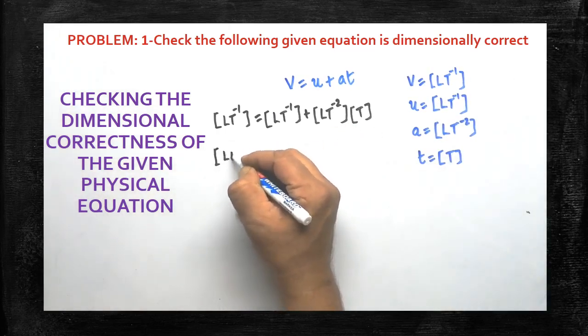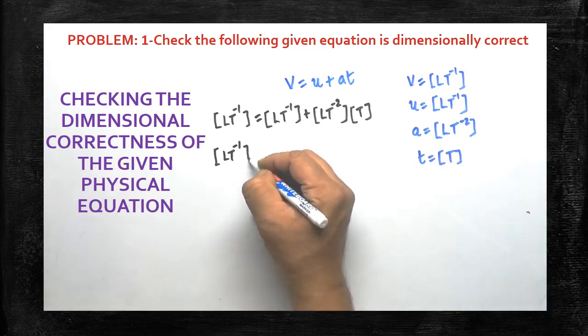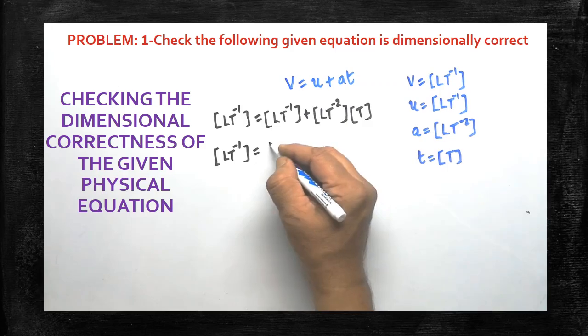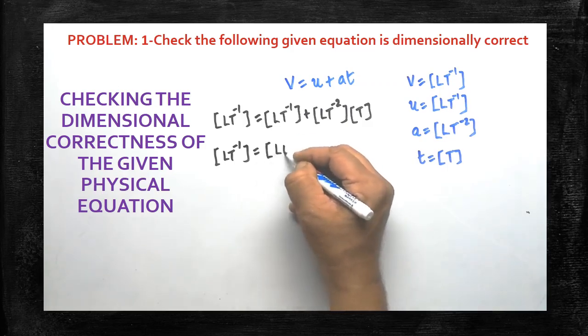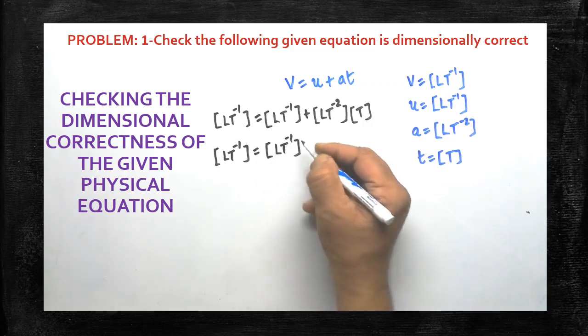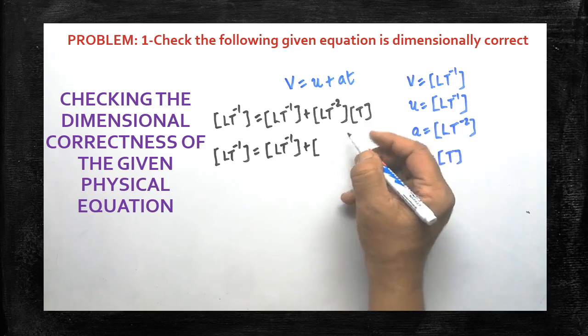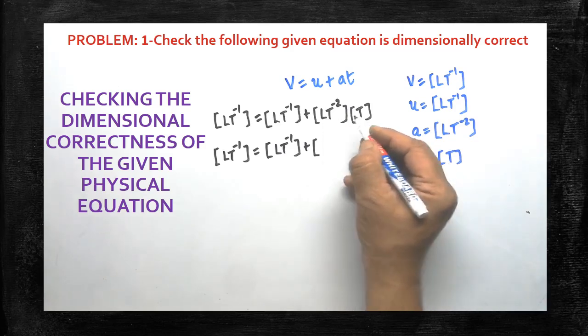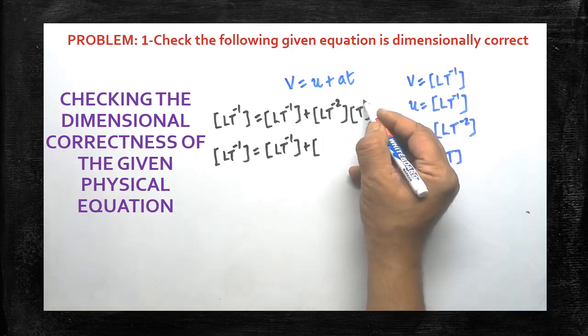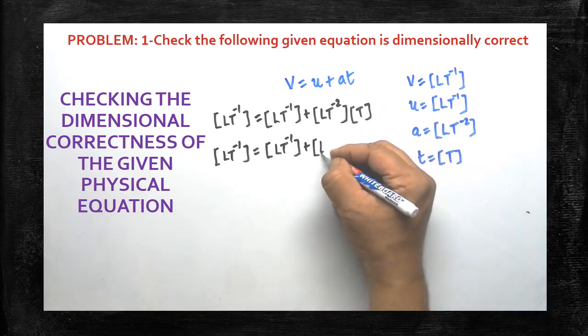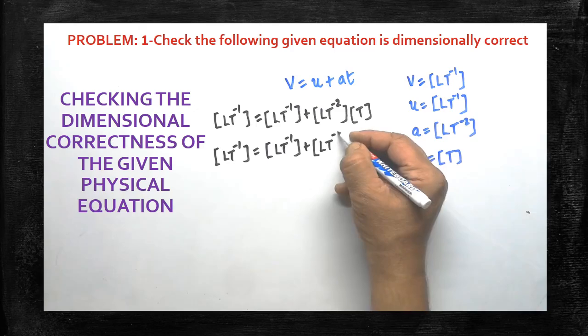Here, no need to change the LHS. Write the dimension of U as it is. Here L is there, here T power of plus 1 is there. If both are added, you will get LT power of minus 1.